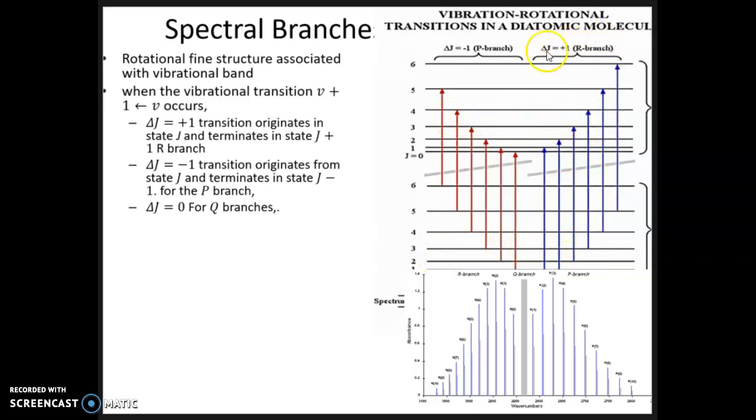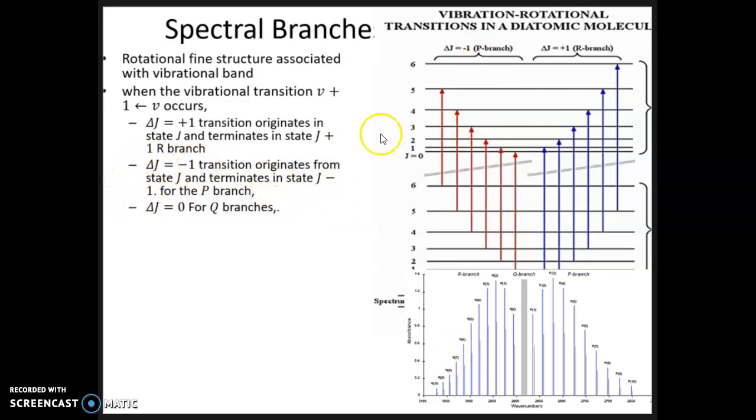That's a delta J equals +1. We call that the R branch. Again, branches are rotational fine structures associated with a vibrational band. We can also have a situation where J starts from 2 and ends at 1, starts at 3 and ends at 2, starts at 4 and ends at 3. So the change in J is now -1. It originates from a state J and terminates in a state J minus 1.